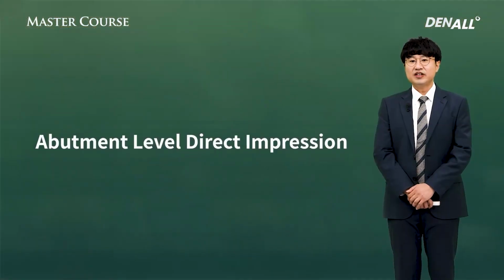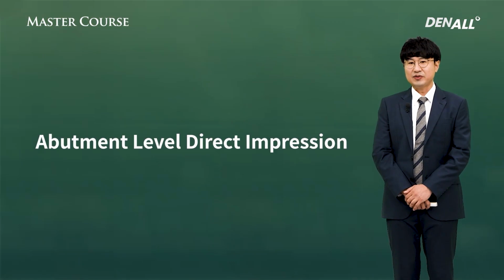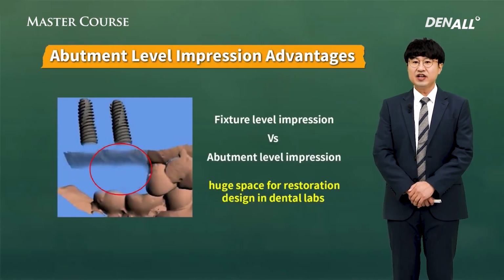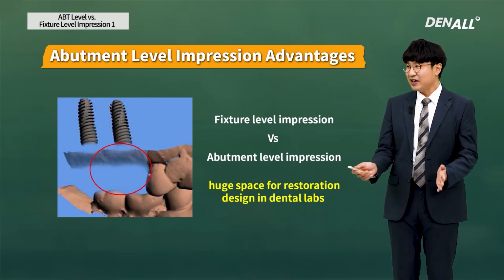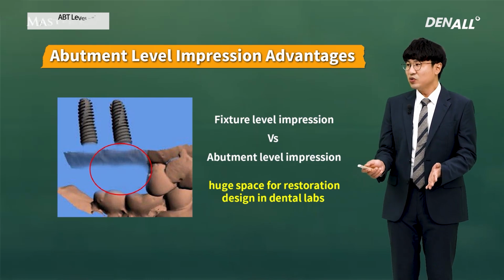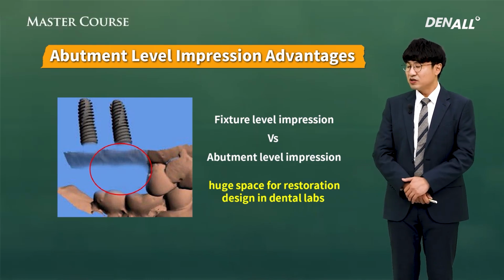So first, about the abutment level direct impression. In fixture level impression taking, abutment impression taking and fabrication of the abutment and crown can be done at once. I always have challenges with bite registration in this white space, having the right occlusion and contact.